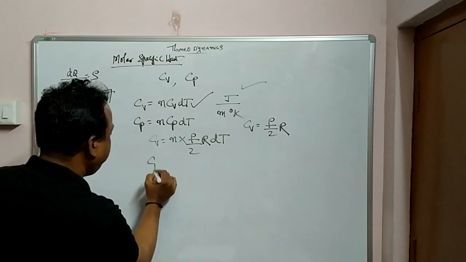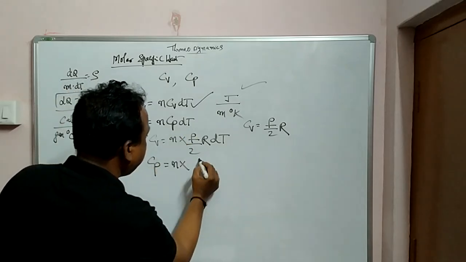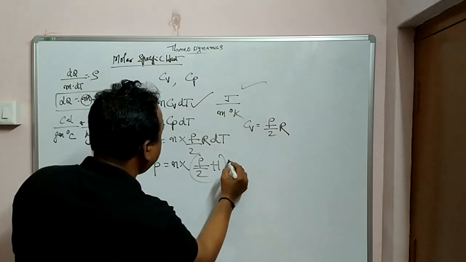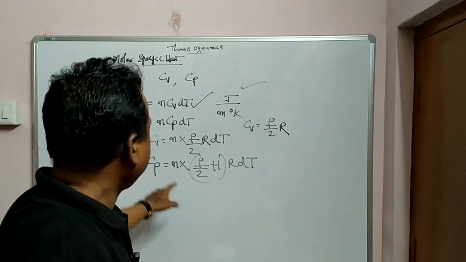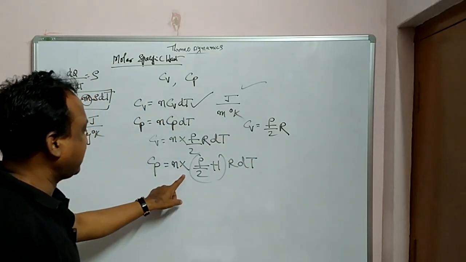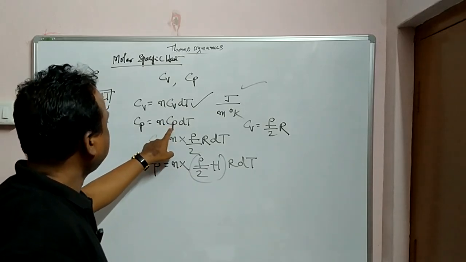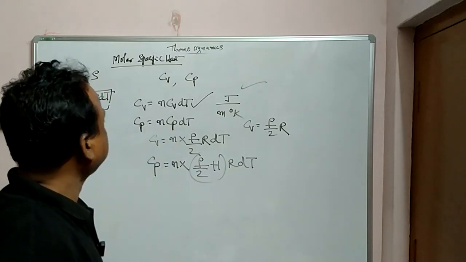The same way for Cp, how can I write? n into Cp is F by 2 plus 1 into R dT. So Cp at constant pressure in terms of degree of freedom, I can write the value like this, F by 2 plus 1 into R.